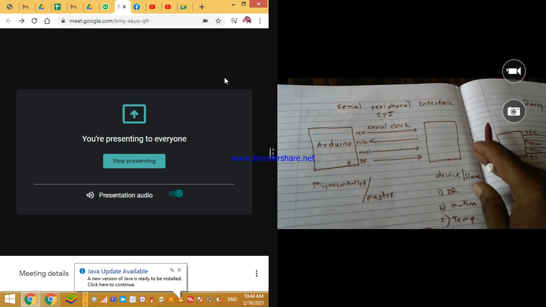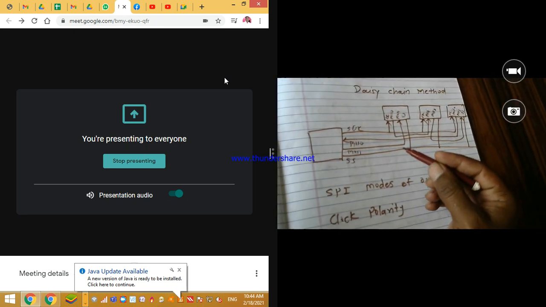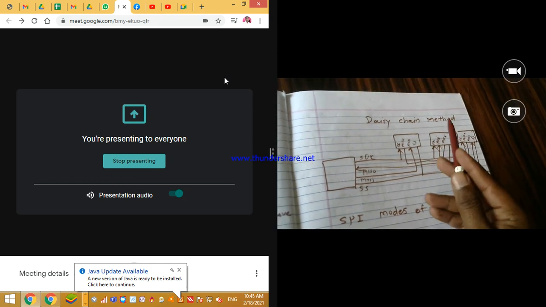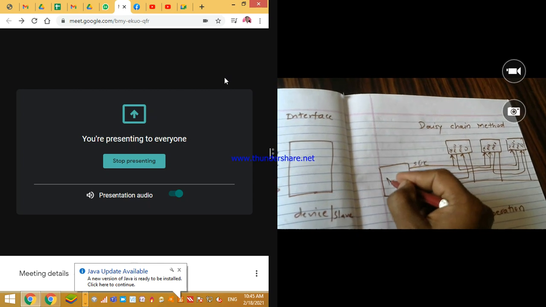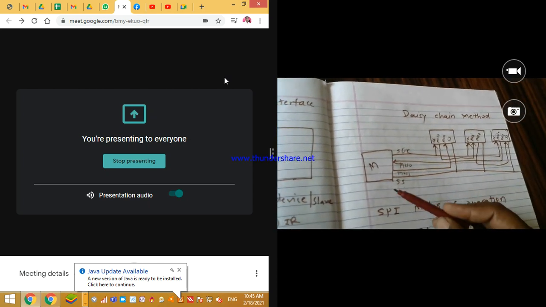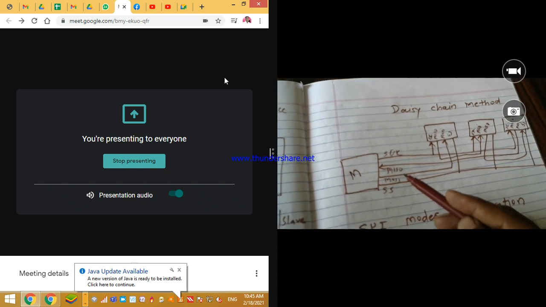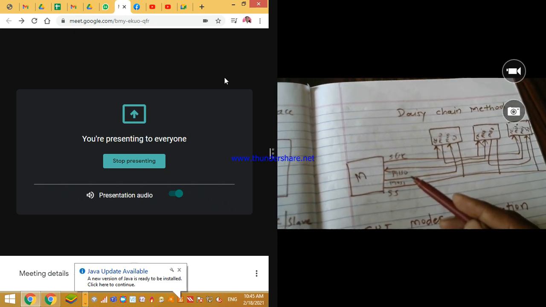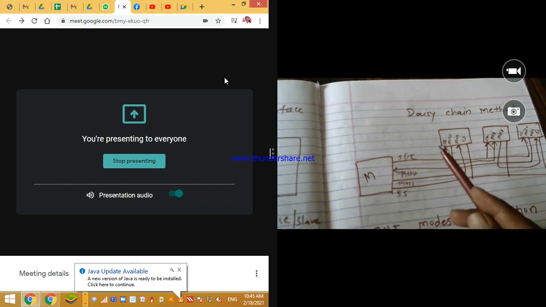So to avoid this, the daisy chain method comes into the picture. Suppose this is the master, and let's see how it works. Up till now we have seen there are 4 lines, 4 pins, through which SPI communication is possible.